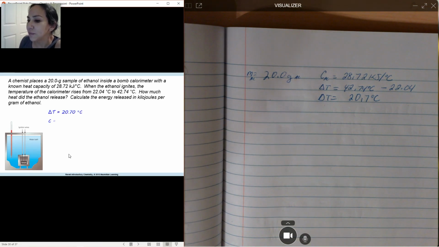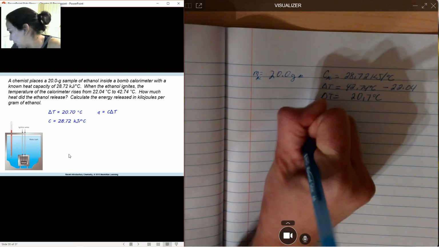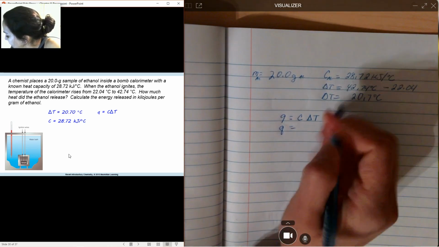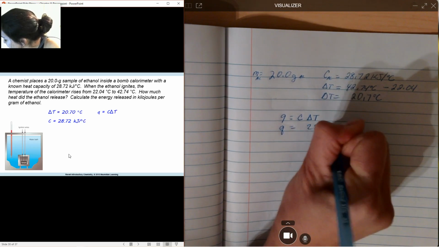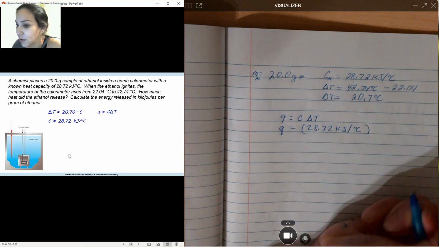All right, so the first thing is write our data down, which is what we did. Now we know it's asking for heat. So heat is equal to the heat capacity times the change in temperature. Heat is going to equal our heat capacity of 28.72 kilojoules per degree Celsius, right?